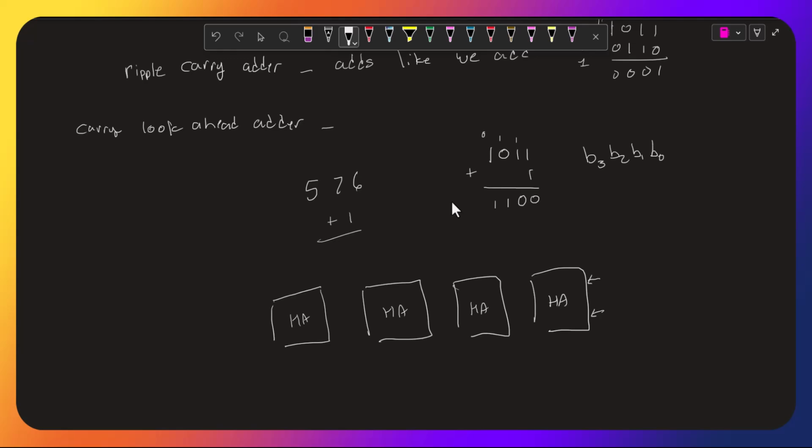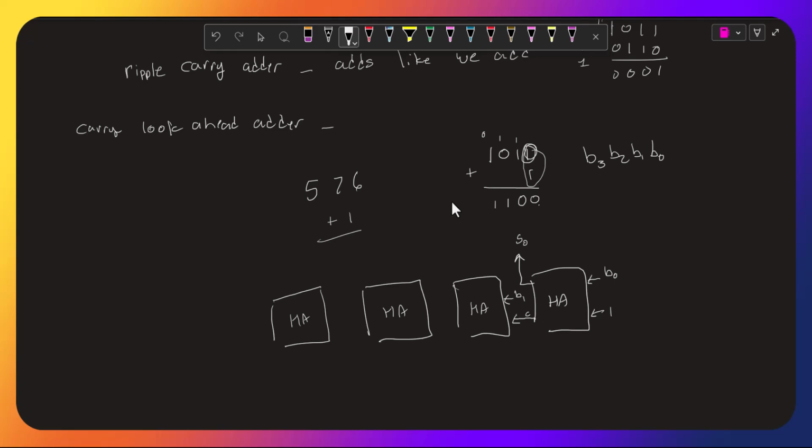I will take my least significant bit, which is B0, and 1, and I'll add those together. From those, I will get my sum, and I'll call that S0, and I'll get a carry, and I'll make that carry one of the inputs for my second half adder, and the other one is going to be B1. So essentially what I did is I took this and I added it to 1.